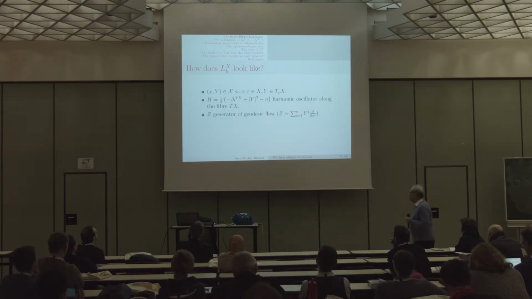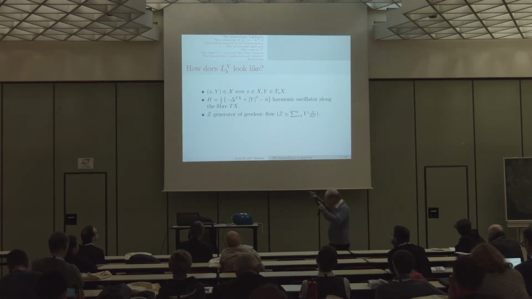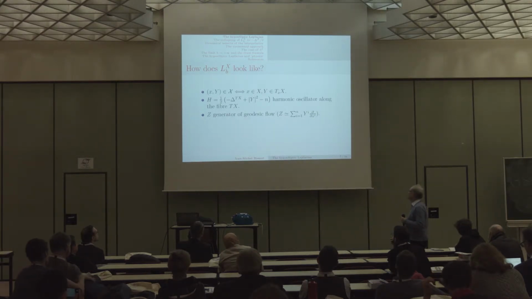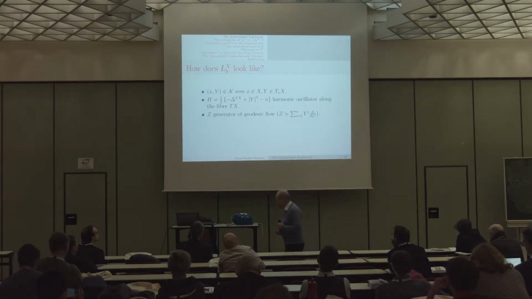On the other hand, I introduce a new operator, which is now Z, the generator of the geodesic flow. So this is a vector field on this manifold X script, and I wrote it here in local geodesic coordinates. So you can think of this vector field as essentially being the sum of y_i d over dx_i. Of course, this is not an intrinsic way of writing, but roughly speaking, you can think of it this way.